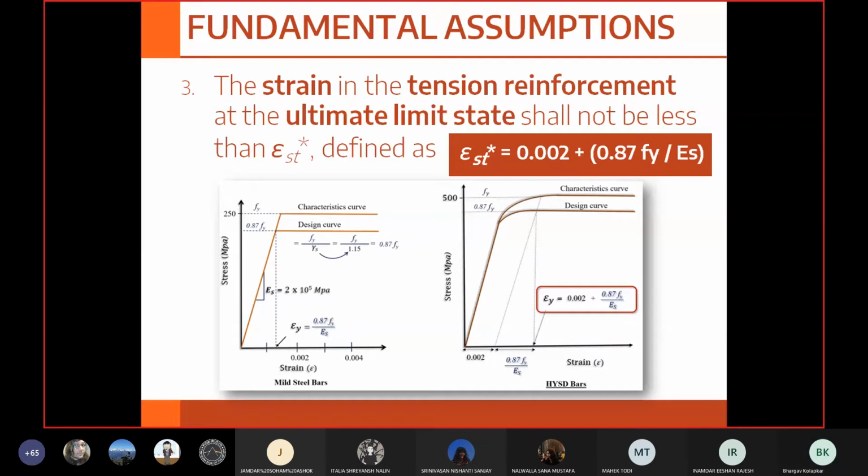Taking one step back, if at the ultimate limit state the steel is still in the elastic region, it is not going to undergo a lot of deformation because it is still elastic. It undergoes a lot of deformation when it is in its inelastic and plastic region.